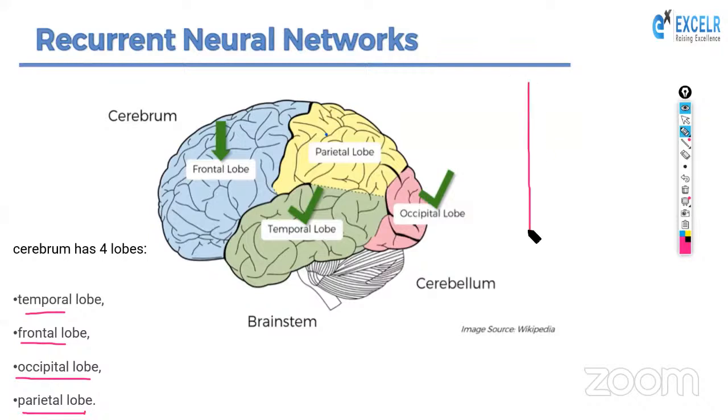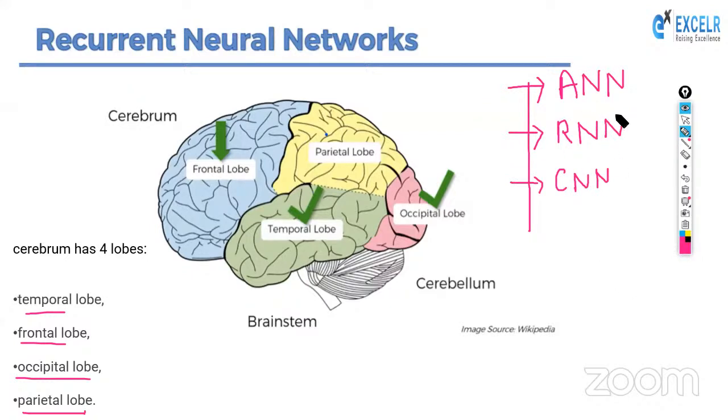So when it comes to deep learning, we have 3 important neural networks. One is the ANN, artificial neural network. Then we have something called an RNN, recurrent neural network. And then we have something called a CNN, convolutional neural network.